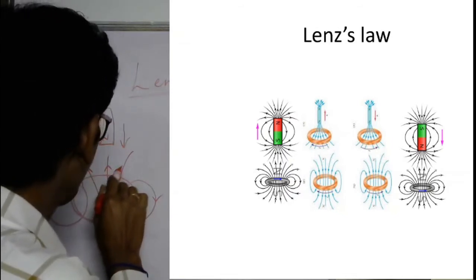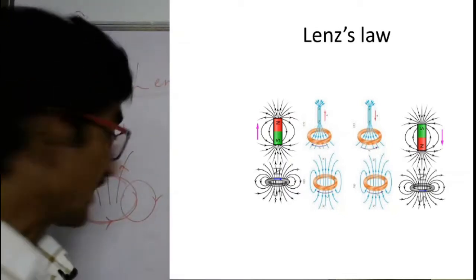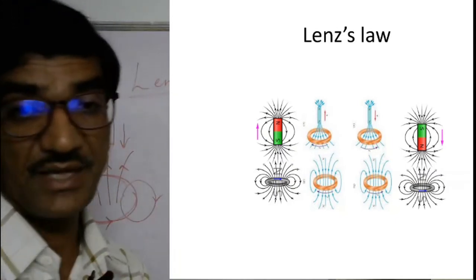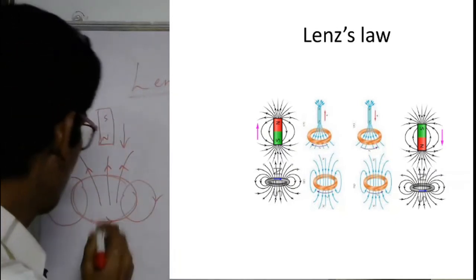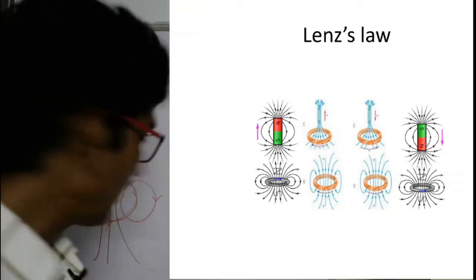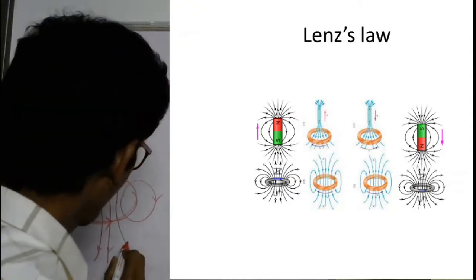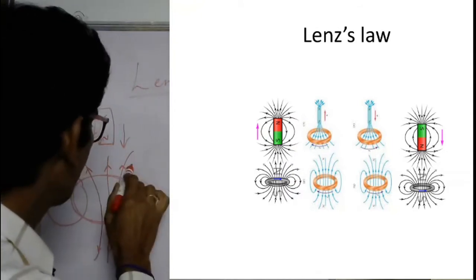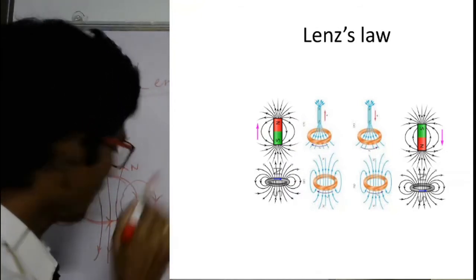That means now, due to this induced current, this ring behaves as a magnet. By seeing this field line pattern, you can easily identify this as a north pole, this as a south pole.